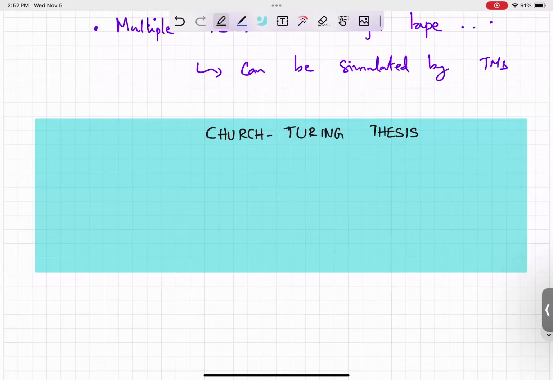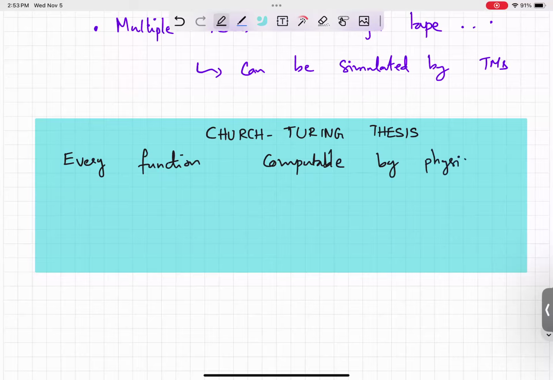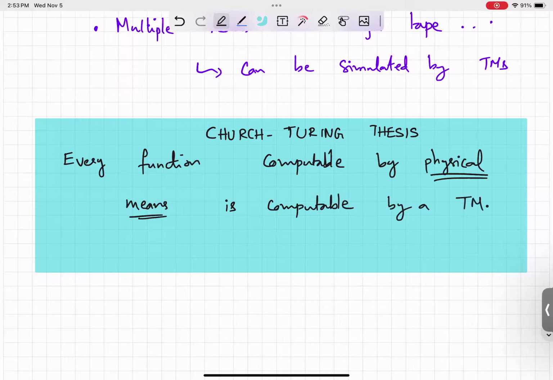And this is what they came up with. Every function that is computable by physical means is computable by a Turing machine.